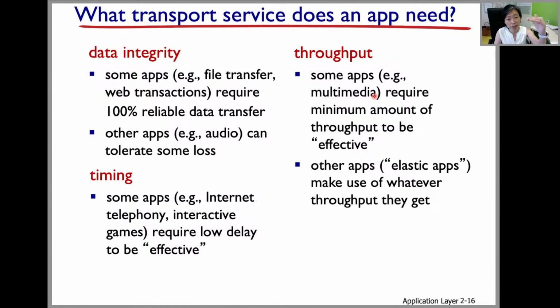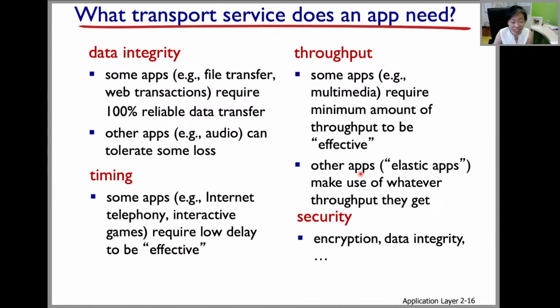If you compare video versus audio, the throughput requirement for video is higher and audio lower. Text is much lower. So we need to somehow guarantee a minimum amount of bandwidth in order for audio-video communication to be effective. Text-based applications are elastic apps because there's no strict bandwidth requirement. The requirement is elastic.